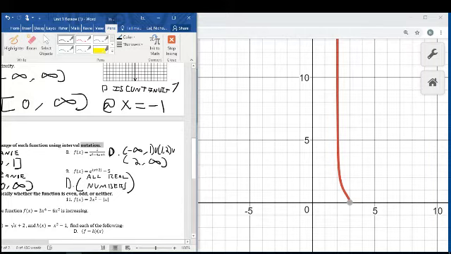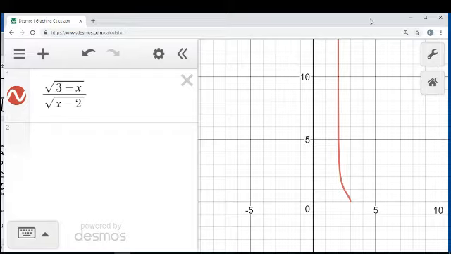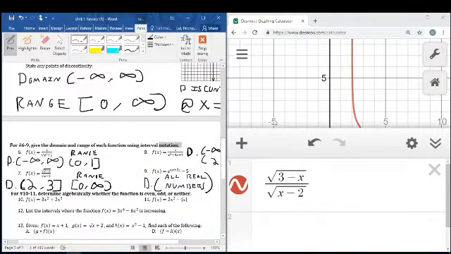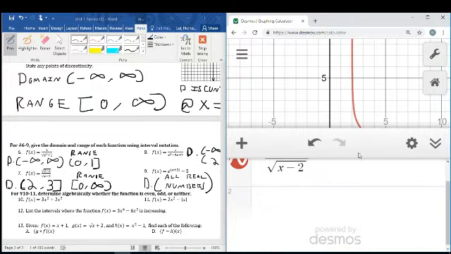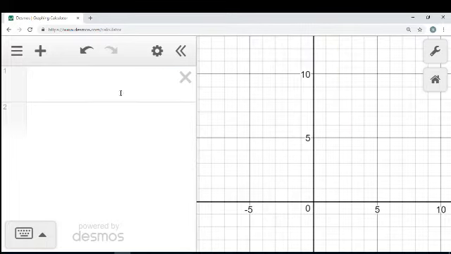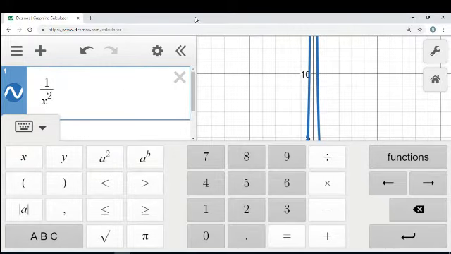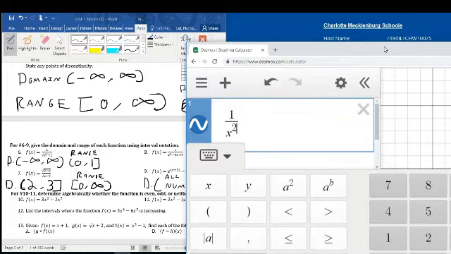All right, and for number 8, the range. But in the interest of time, I'm just going to do it quickly. We have 1 over x squared minus 3x plus 2.